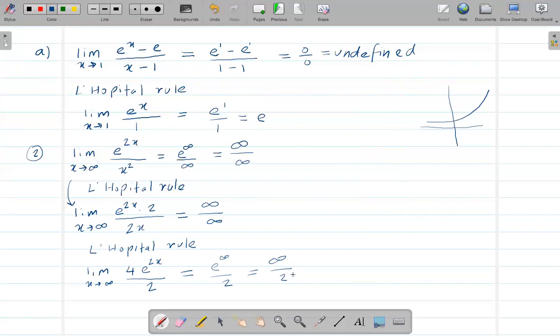The only time you can use L'Hopital's rule is if you get 0 divided by 0 or infinity divided by infinity. Here, infinity divided by a number, we don't know exactly, but this will still be infinity. Infinity is a really big number, so if you divide a really big number by 2, that would not make any difference. So this one will still be infinity.